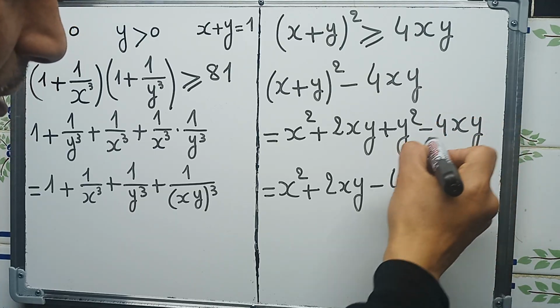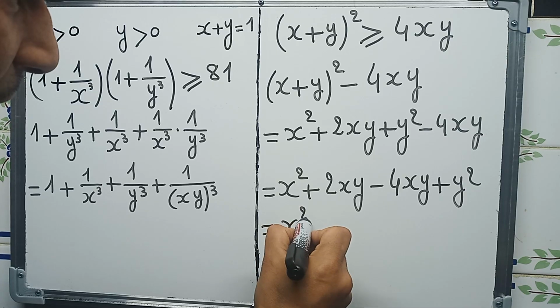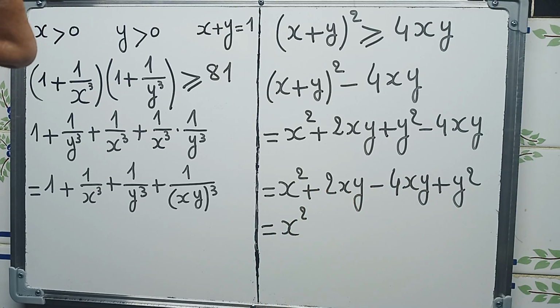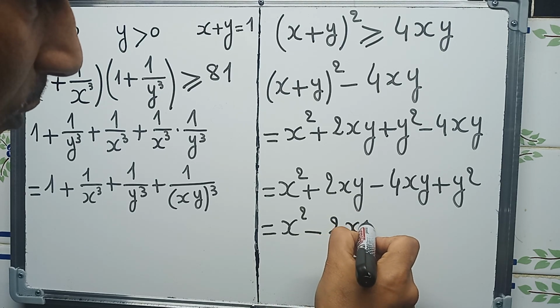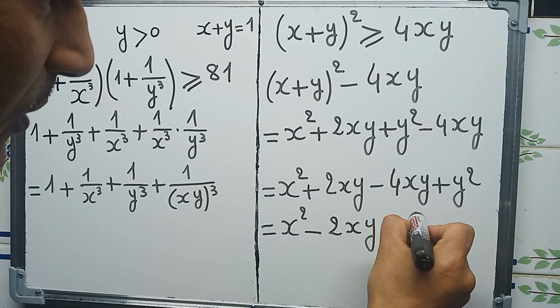We just bring this term here. Now x squared, and plus 2xy minus 4xy is of course minus 2xy, and plus y squared.